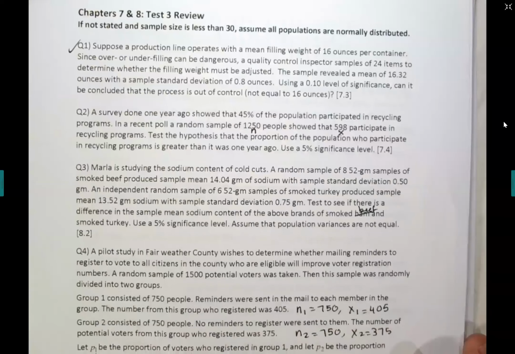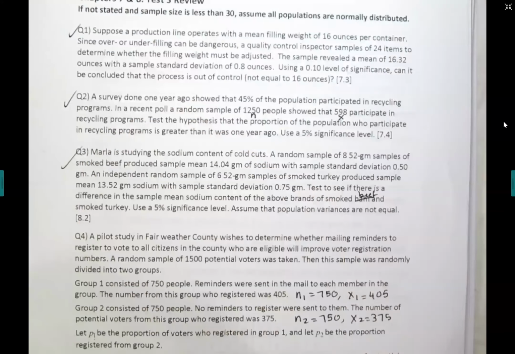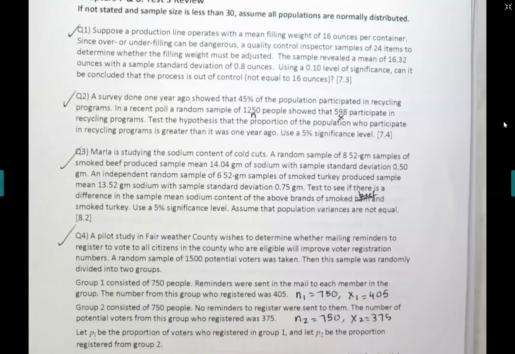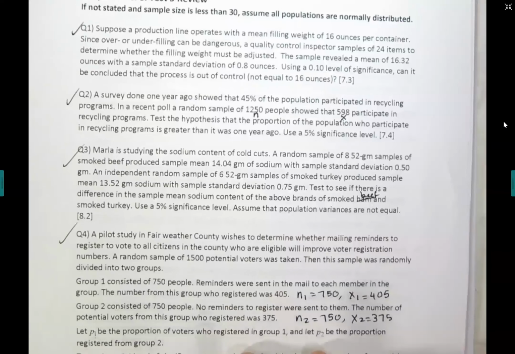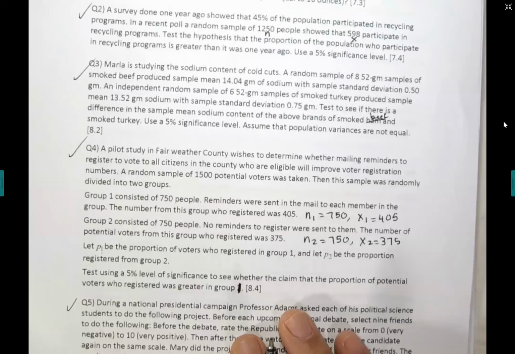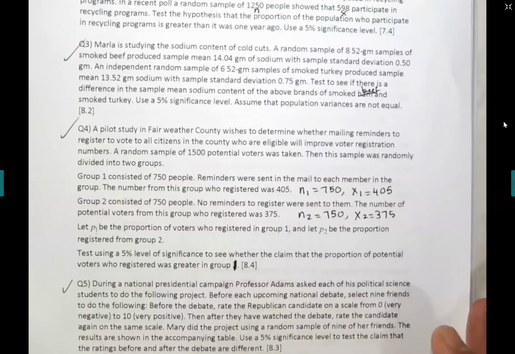Okay, we did 8.2. We did this. We did that, question 4. I will send you a PDF with the answers as well. I think we did 5, right, guys, as well? That was number 5. Yeah, we did that. So let's go to the next page.